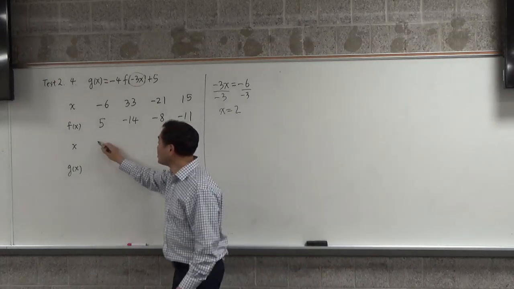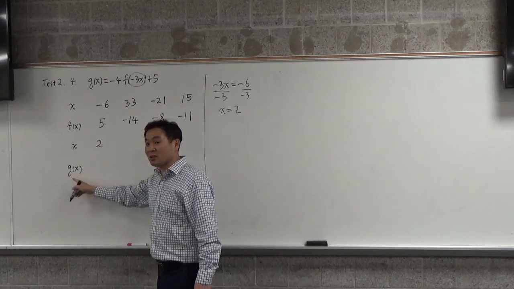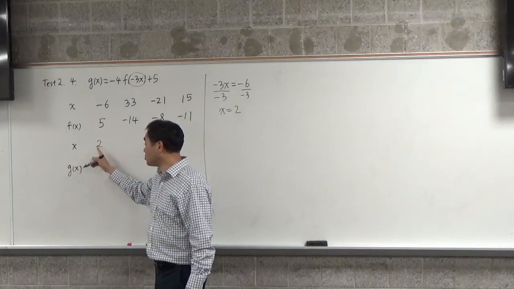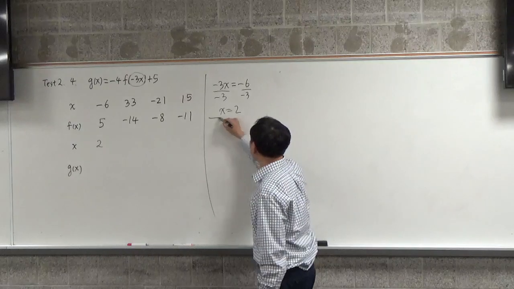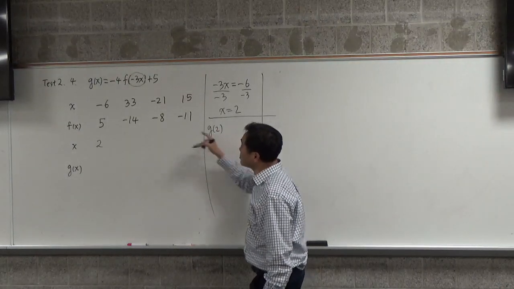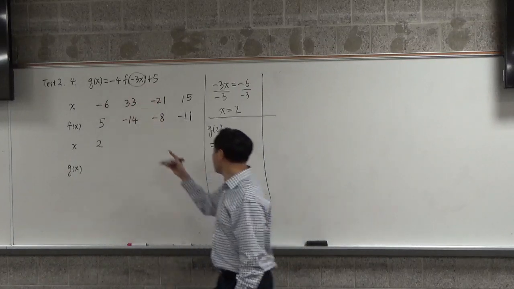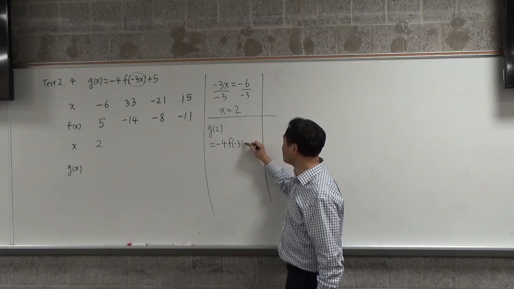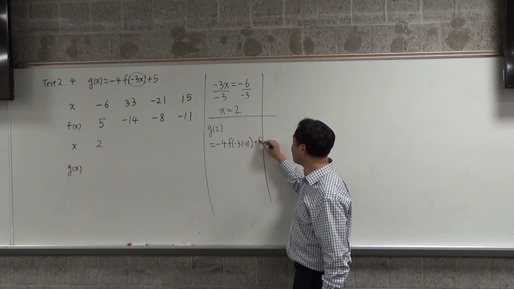Now, you put 2 here, and that means you have to figure out what g of 2 is. Agreed? Since I have 2 here, let's ask what g of 2 is. G of 2, according to this definition, is negative 4 times f of negative 3 times 2 plus 5.